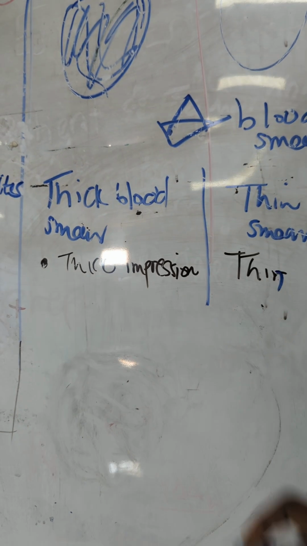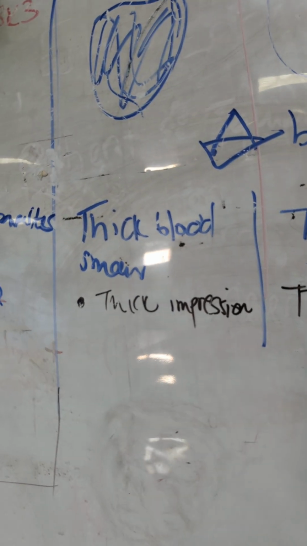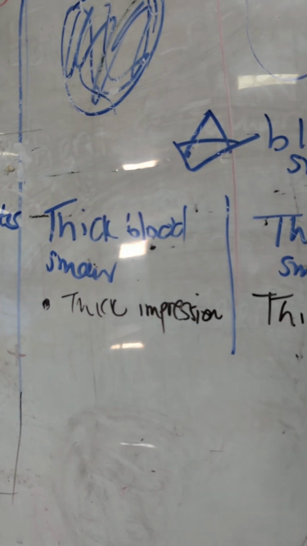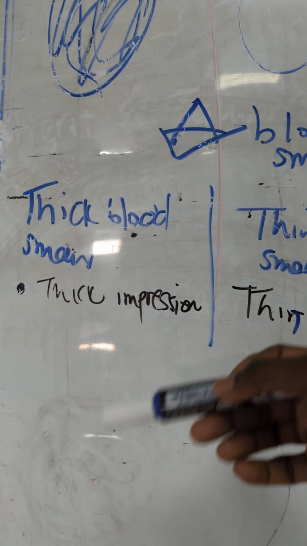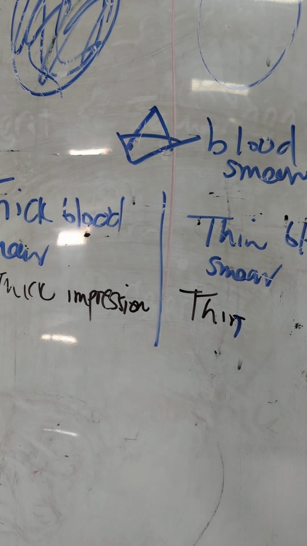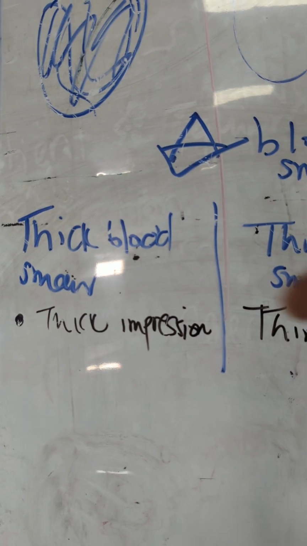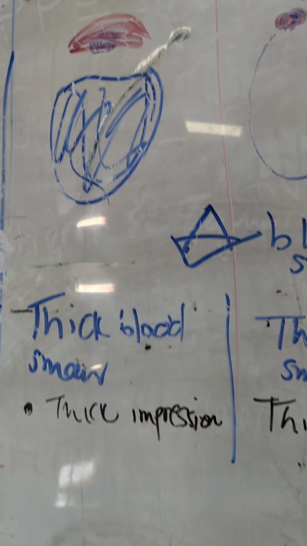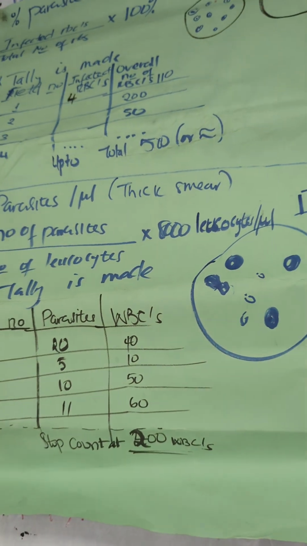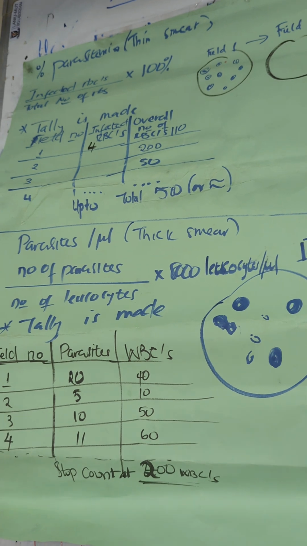On the thick smear, we do not have red blood cells present anymore. And so when you are seeing it under the microscope, you are just seeing your slide, the Giemsa stain, of course, as the background, and then if the parasite was present, just simply suspended in the slide, and some white blood cells.